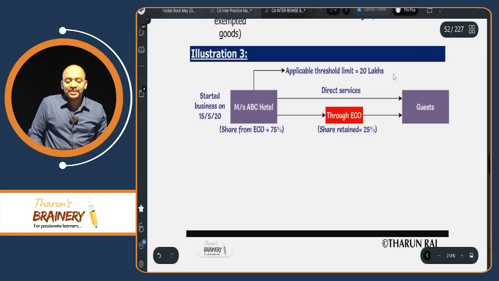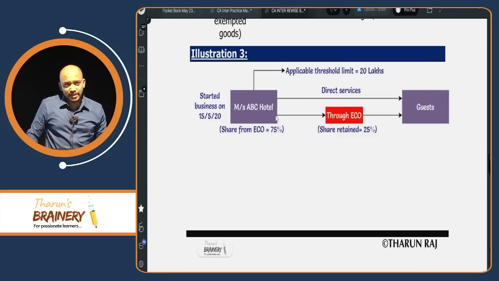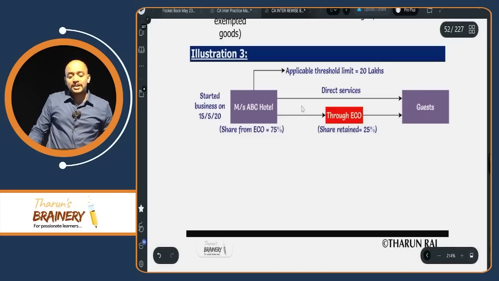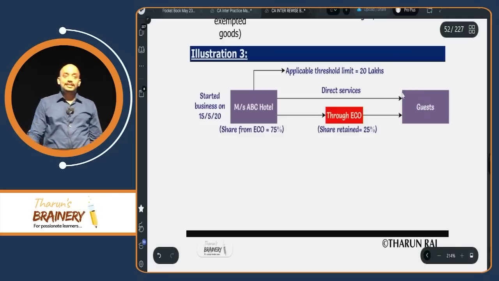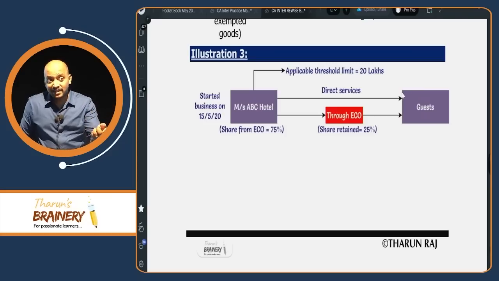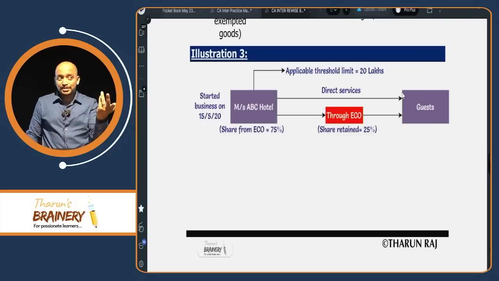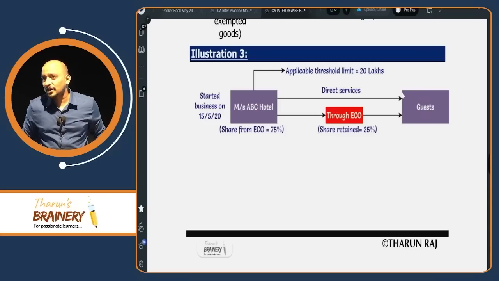Okay. Now, here, this hotel service through an e-commerce operator, is it notified for 9/5? Yes, it is notified for 9/5. So, liability to pay GST is on the e-commerce operator. With respect to direct services, the supplier pays only when they register, but otherwise there is no GST liability, correct or not?